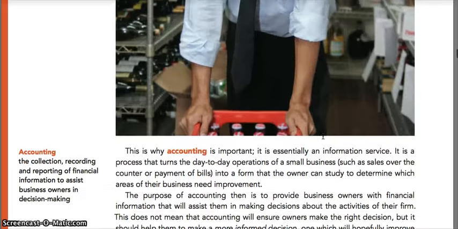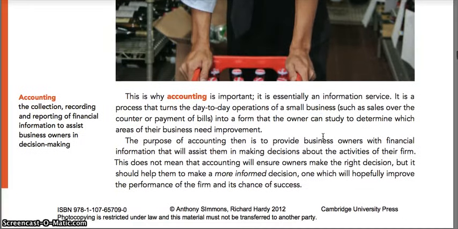So basically, accounting is essentially, as it says here, an information service. What it does is it turns the basic financial information into reports that make it easier to make decisions.